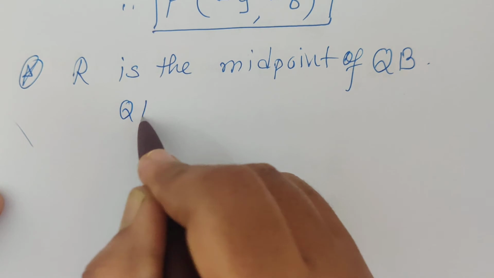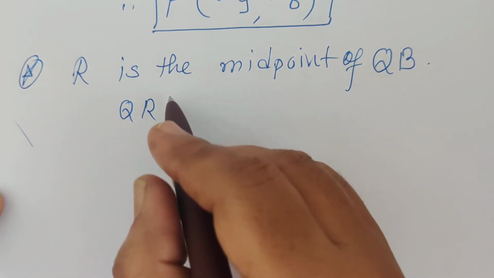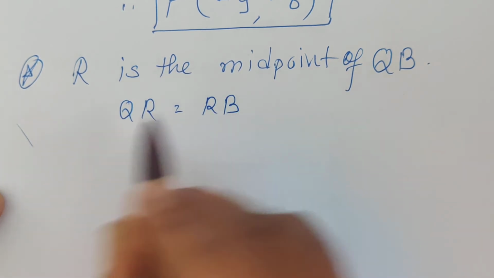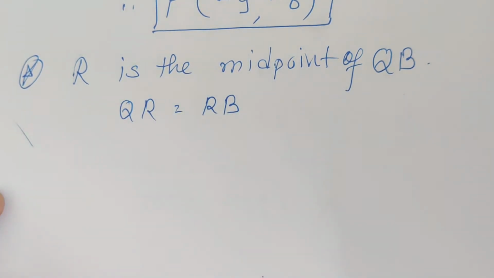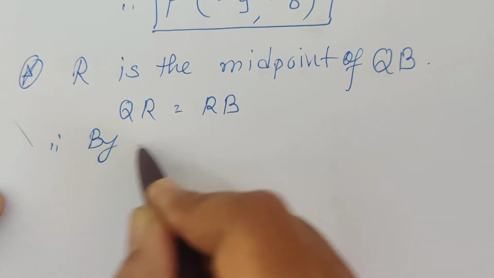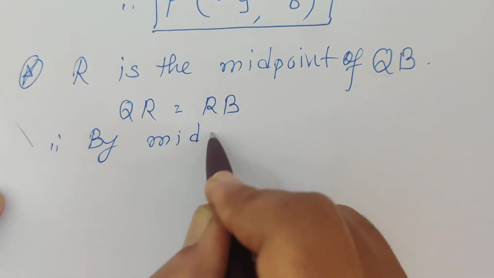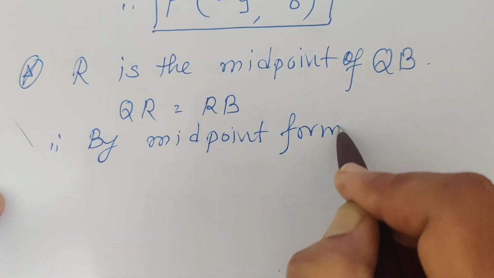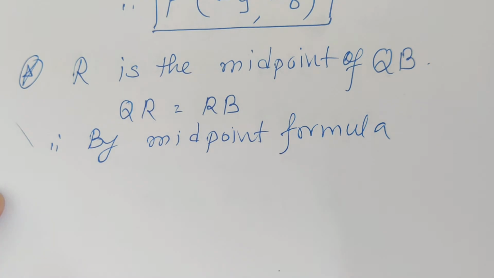It puts good impression on the examiner who checks your paper. So QR is equal to RB, and so R is the midpoint of QB, and so by midpoint formula you will get the coordinates of R.